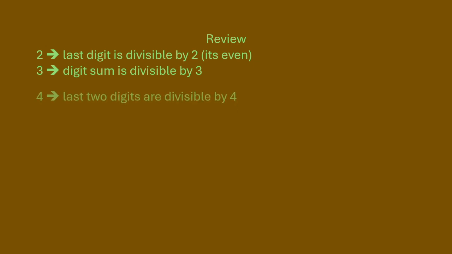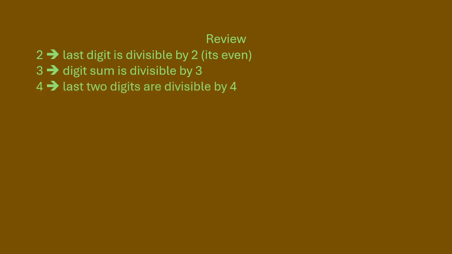For 2, we just check if the last digit is divisible by 2, which means it's even. For 3, we check if the digit sum is also divisible by 3. For 4, we check the last two digits and see if they are divisible by 4. For 5, we check the last digit and see if it is 0 or a 5.